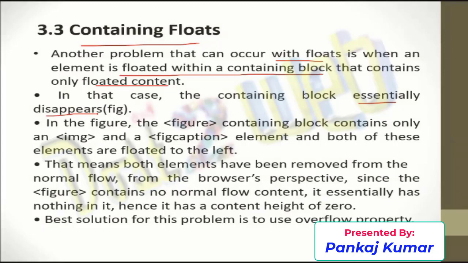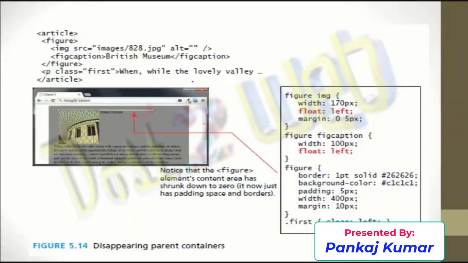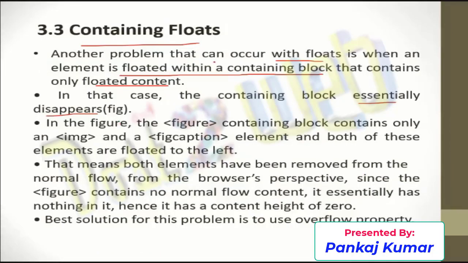When you use a floating element, sometimes what happens? Your image will disappear. You can see here, right? I'm using here another image. I have used the image, but the remaining thing has disappeared. It's not coming properly, right? This is the disappearing of your parent container. That is actually the problem in containing floats.